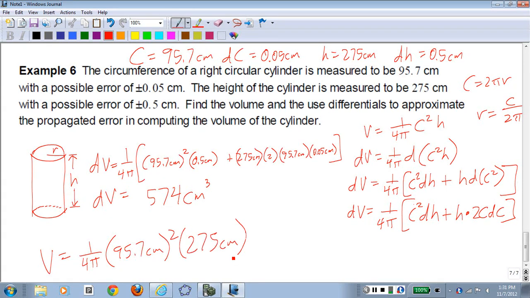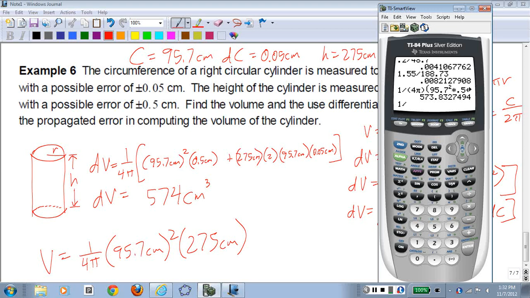If we did that calculation, would 574 be a very small percentage of that volume? Is this a big error? I can be off by as much as 574 cubic centimeters, or it's a really big cylinder and maybe I'm not off by all that much, comparatively speaking. What do you think?